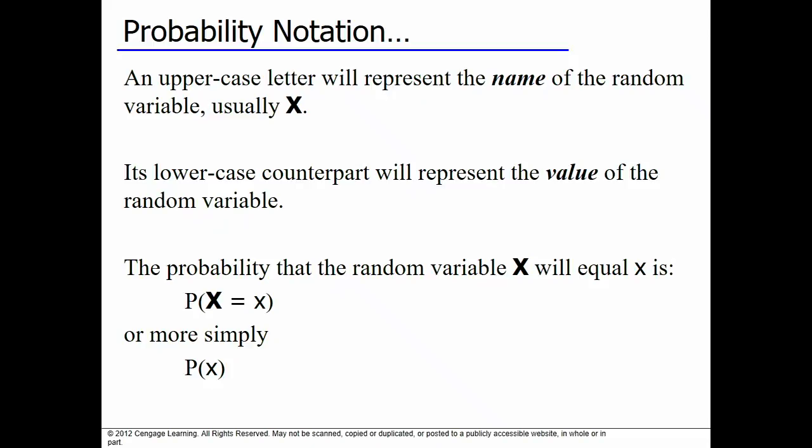Let me change the probabilities of this. Let's say my wife and I are more likely to make boys than girls. So let's say this is actually 40%, this is 30%, and this is 30%.